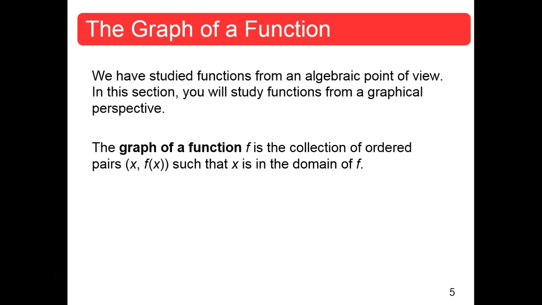Whoa, what were ordered pairs before? Back when you graphed equations, you said (x, y), but guess what y is? f(x), there it is again. So this is (x, y), (x, f(x)), such that x is in the domain of f. It has to be in the domain, otherwise you can't plot it.